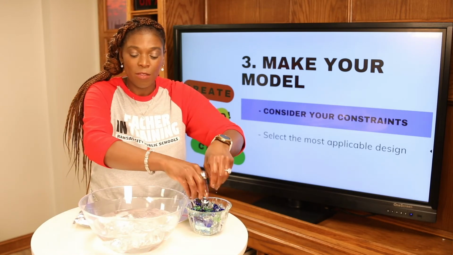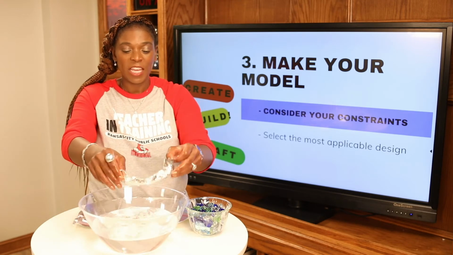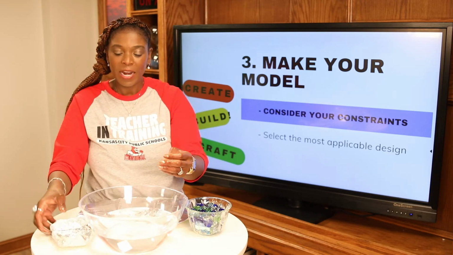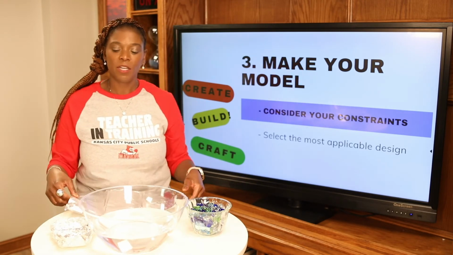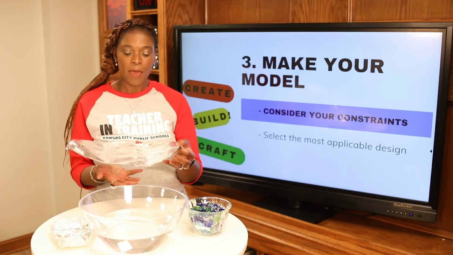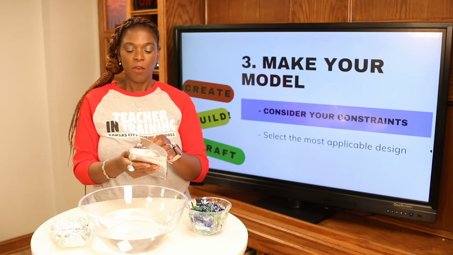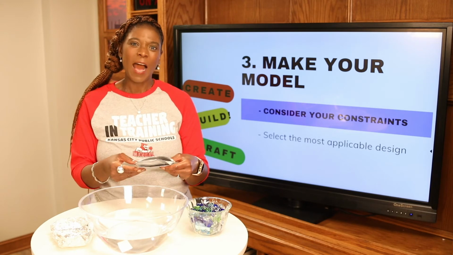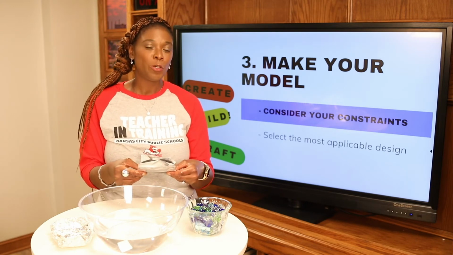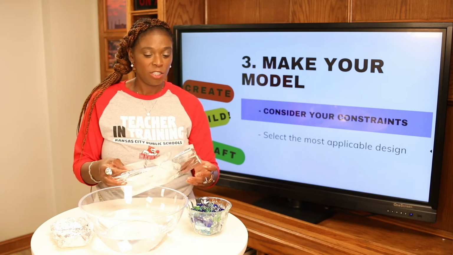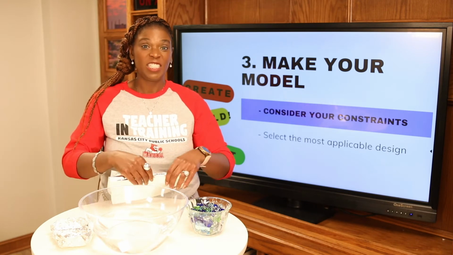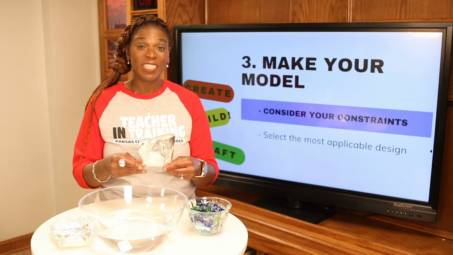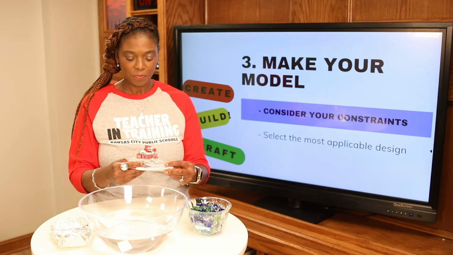All right, now I have them all out, and I'm looking at my previous design, and when I get ready to make my second design, I'm going to do some changes. The first time I folded it down the middle, but I'm thinking that it may need to be a little bit more strong, so I'm going to decrease the size of my boat significantly by folding it an additional time.